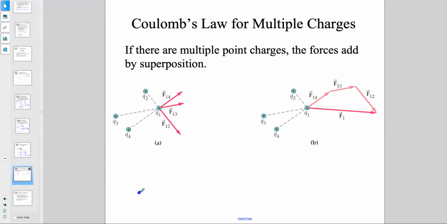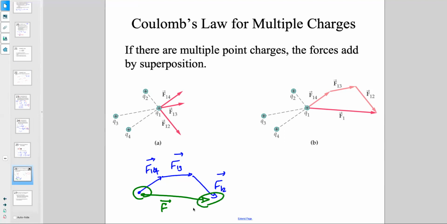If you have a first force, for example F14, and then the second force is F13, and then F12 is the third one, then the net force acting is F. It starts from where the first vector starts, and it will end where the last vector ends. So they start at the same point, they finish at the same point.